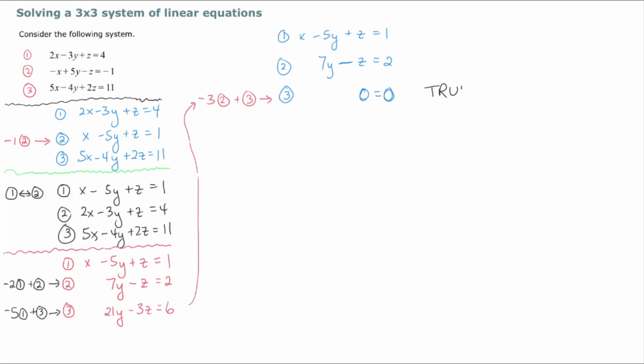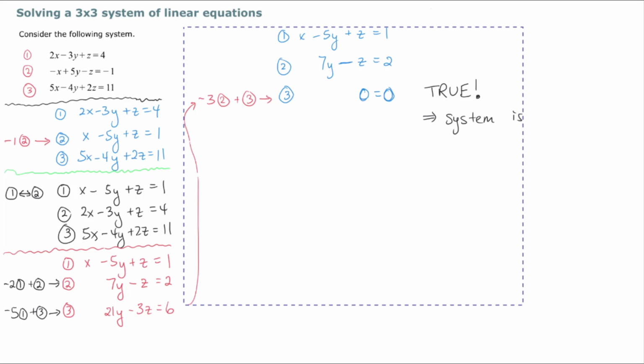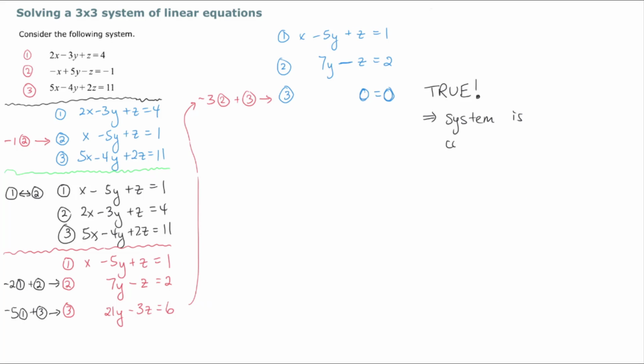We already know that, so this is not any new information. This also tells you that the system is consistent. In other words, there will be solutions. And not only does this system have solutions, the solutions are dependent.